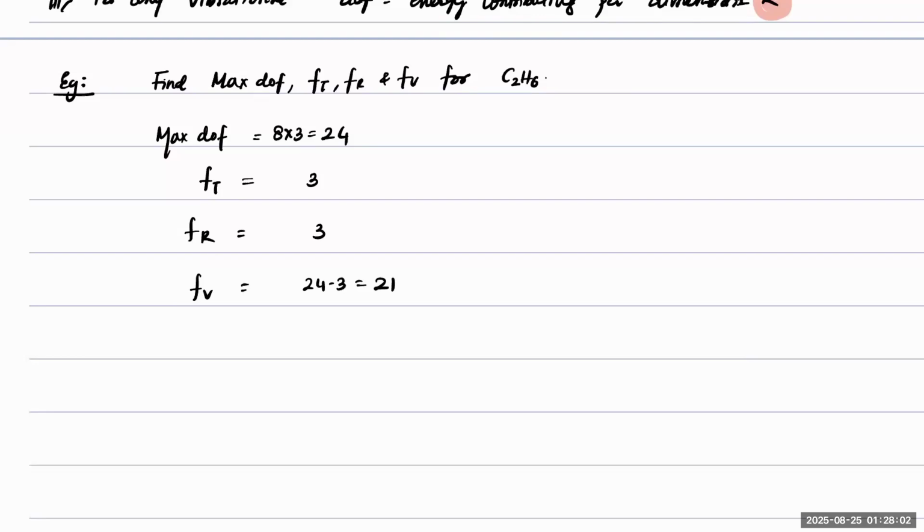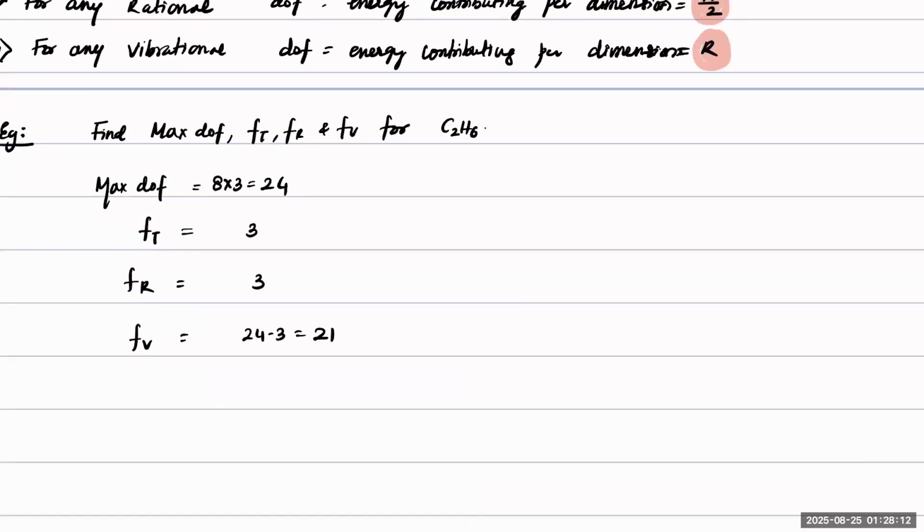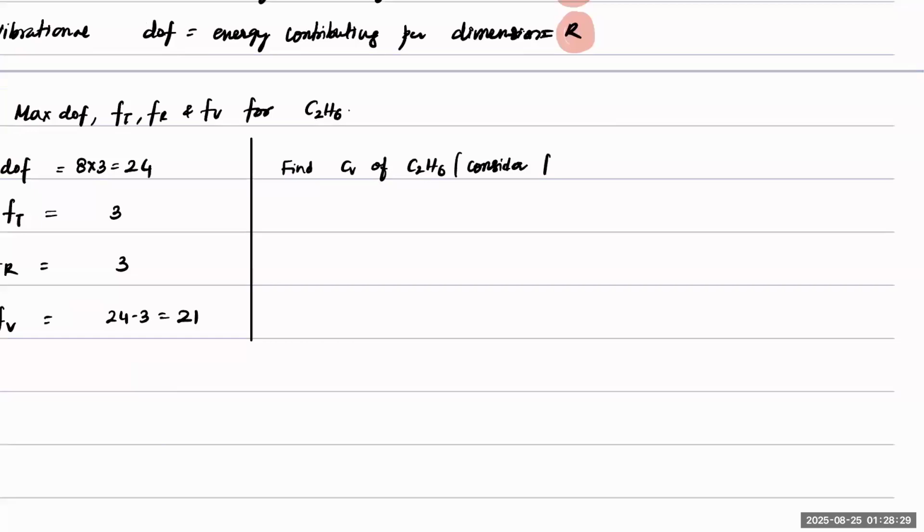Now, think about this factor. Suppose in the same question, I ask you, what is the total CV value? The sub-question is: find CV of C2H6, and here consider that vibrational degrees of freedom are active. This is the terminology used.